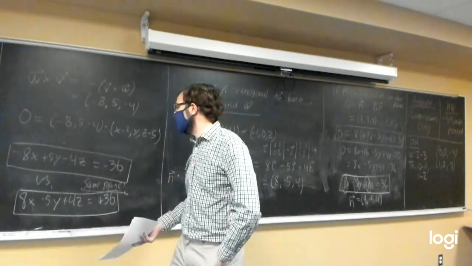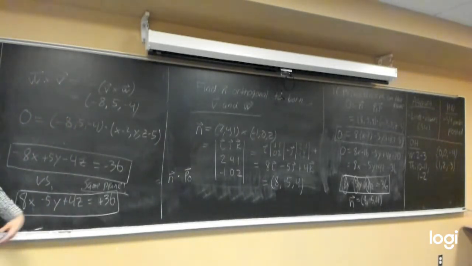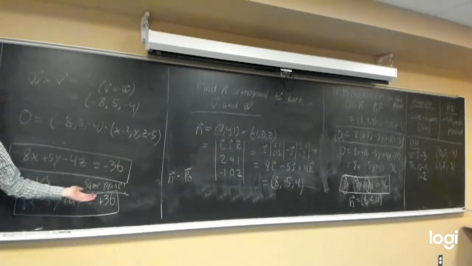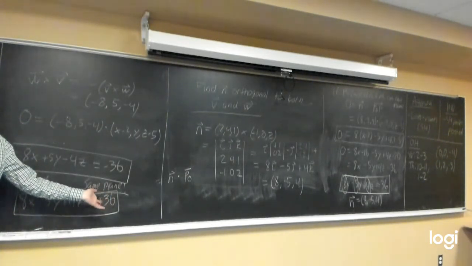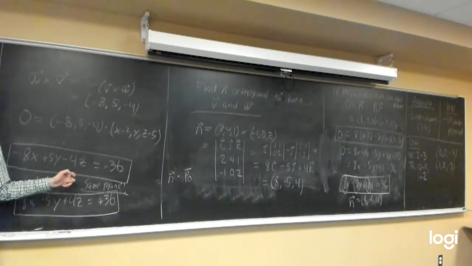If negative 8x plus 5y minus 4z does happen to give you negative 36, then you can just multiply both sides by negative 1, and you would get the exact same equation. And vice versa. If a point x, y, z satisfies this bottom equation, it would also have to satisfy the top equation.